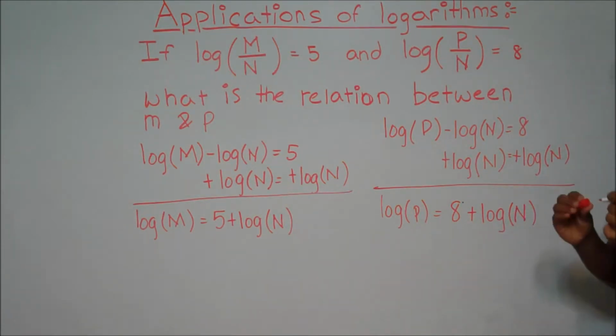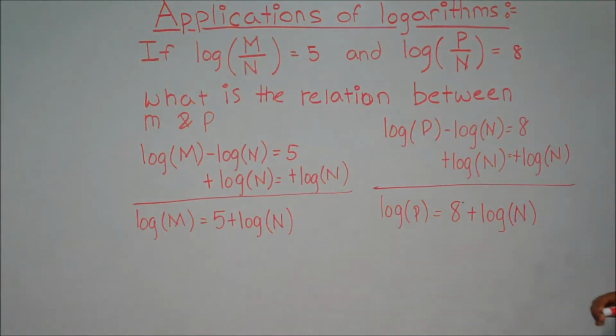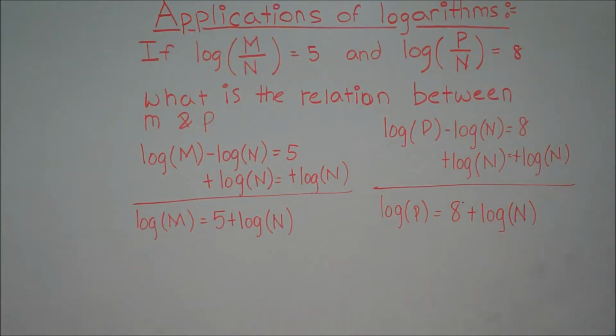So now to find the relation between just m and p, not in terms of n, or not in terms of log n, we have to get log n out of the picture. So what do we do?